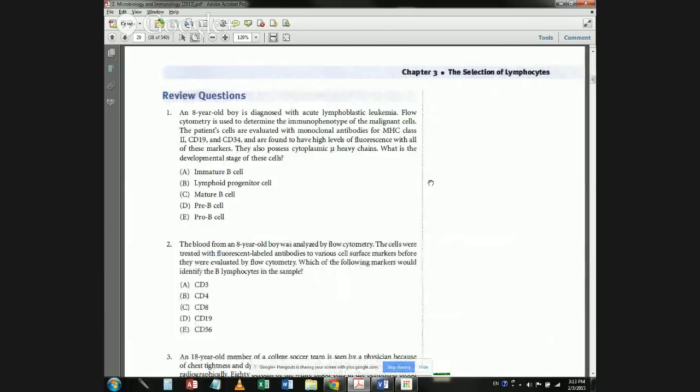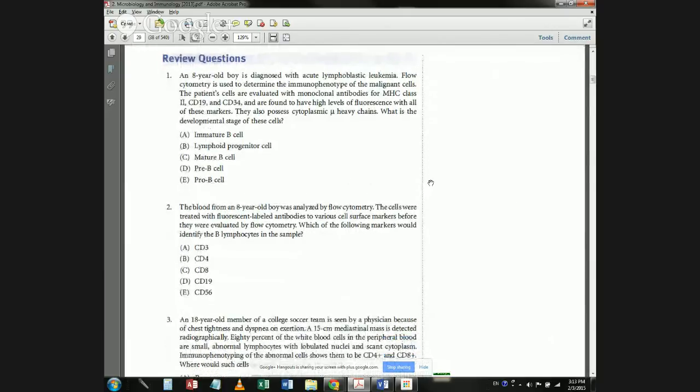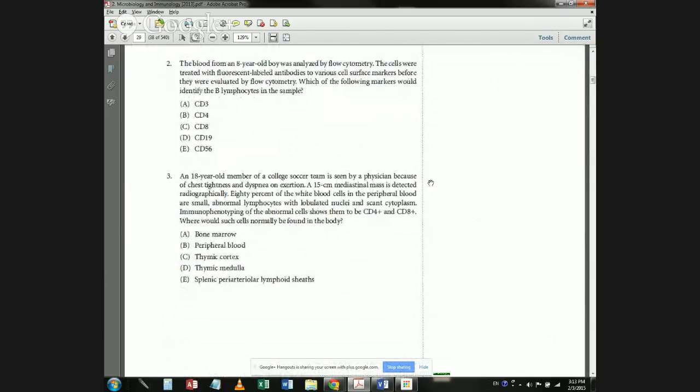Okay, next question. An 18-year-old member of a college soccer team is seen by a physician because of chest tightness and dyspnea on exertion. Sounds like asthma. A 15 centimeter mediastinal mass is detected radiographically.